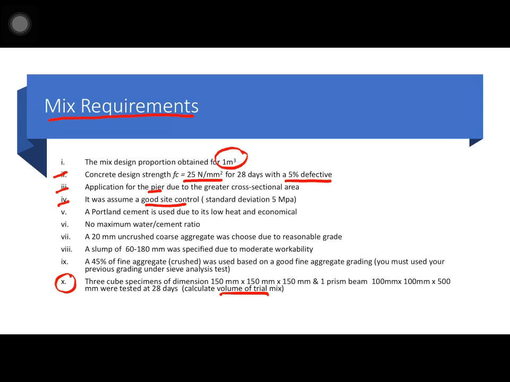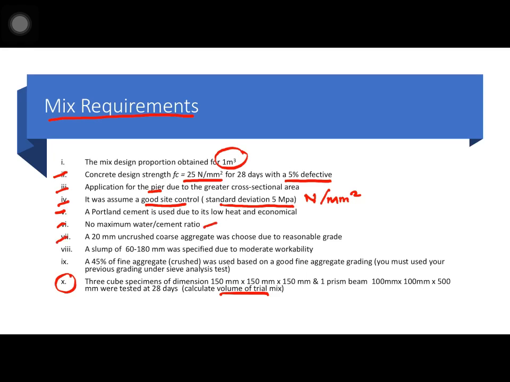So here, if we have good site control, we can choose standard deviation equal to 5 megapascal. So 5 megapascal is also equal to Newton per millimeter square. And then next, a Portland cement type is used due to its low heat and also economical. And then we have no maximum water cement ratio here.